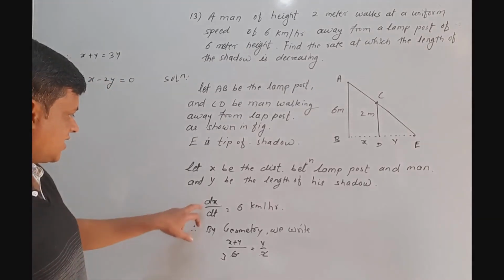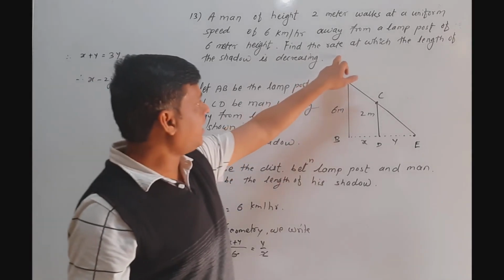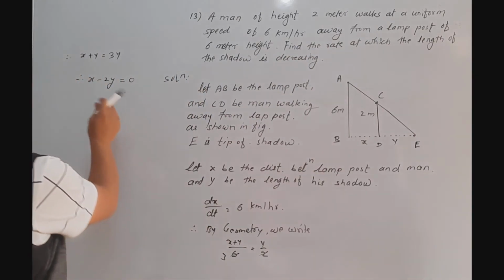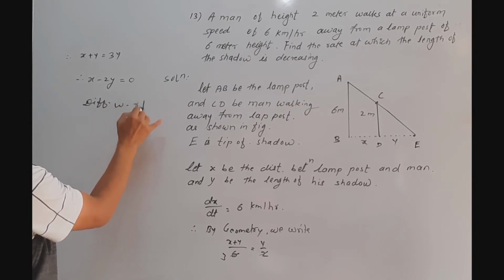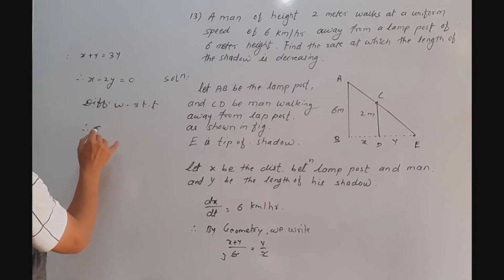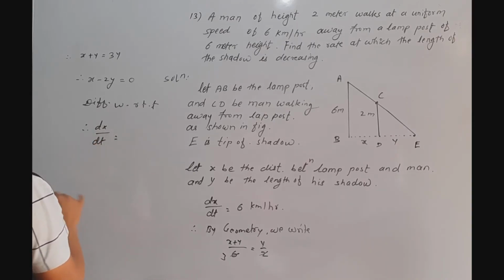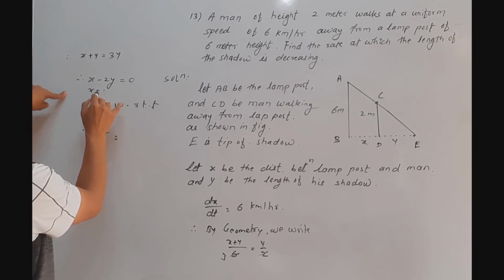Now dx by dt is given and we have to find the rate at which the length of shadow is decreasing. So we have to differentiate this with respect to time. You can write this 2y on the right hand side before differentiating.